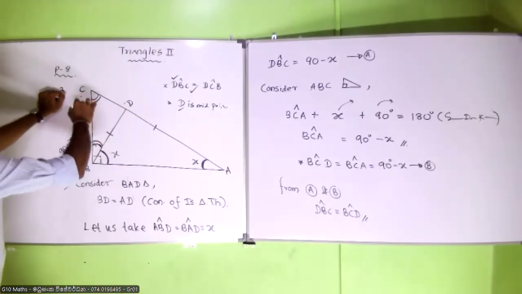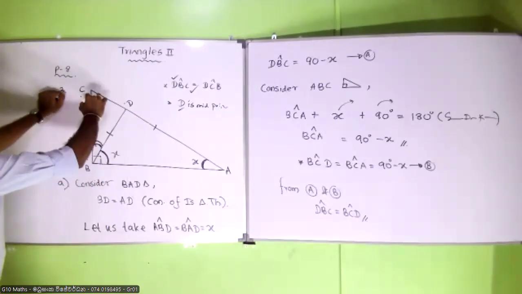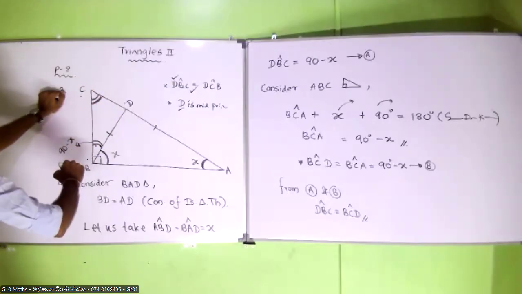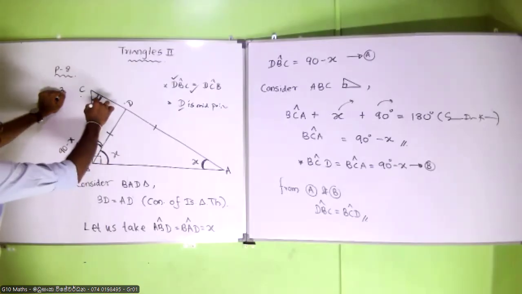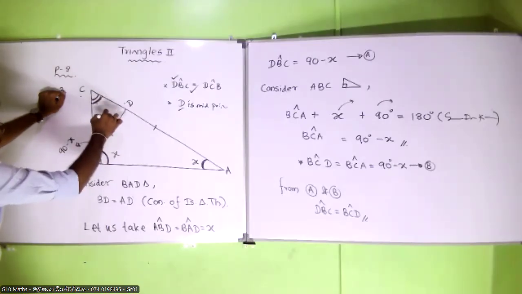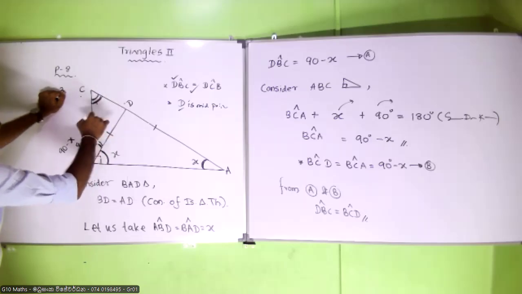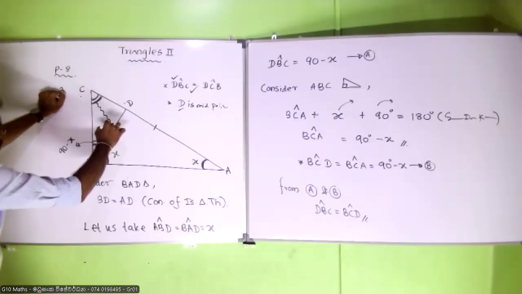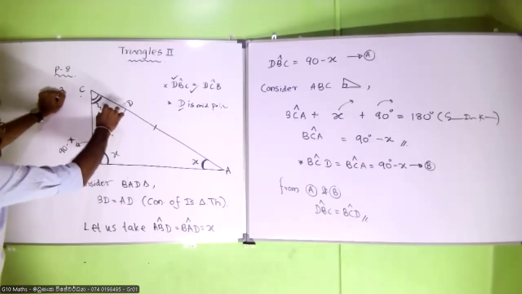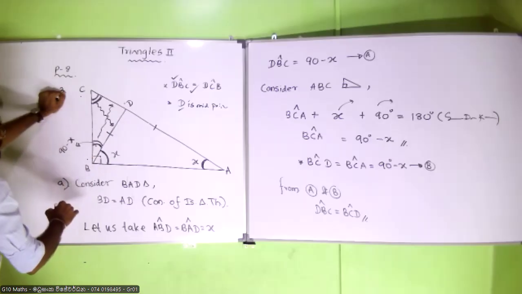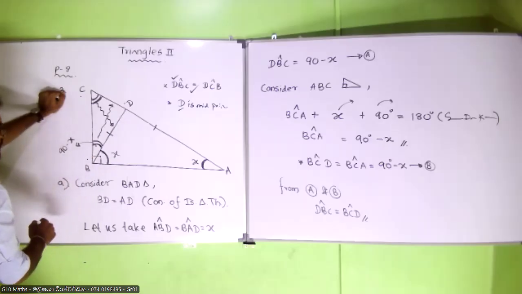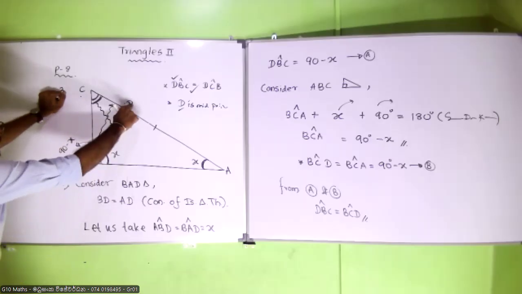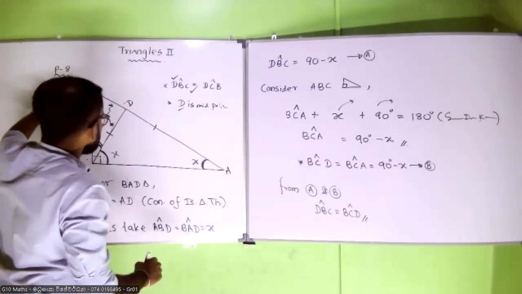So I can use the converse of the isosceles triangle theorem: the sides opposite equal angles are equal. So you can say BD equals CD.